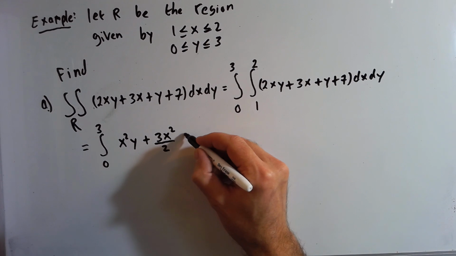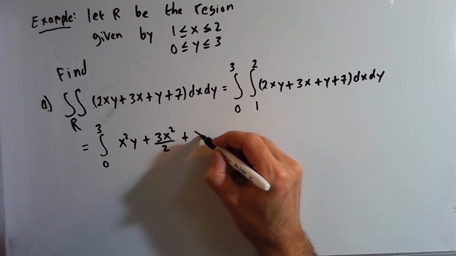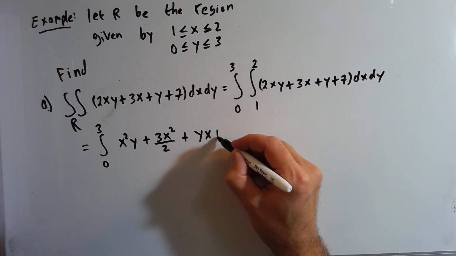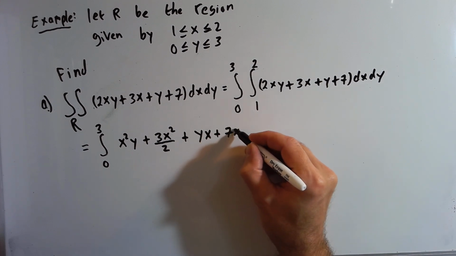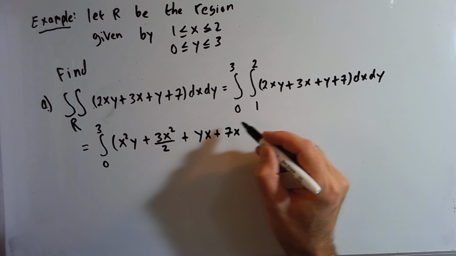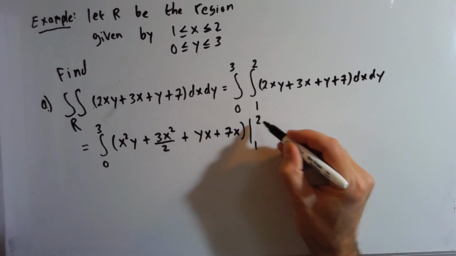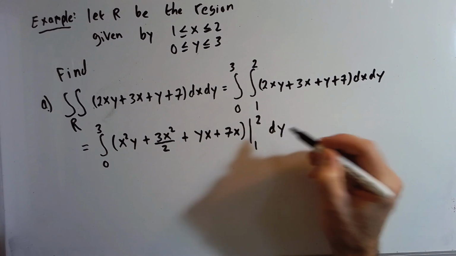Integrating y, it would just be yx, treating y like a constant. And integrating 7 gives 7x. And we're going to evaluate this at 1 and 2. Then we're going to do dy after that.